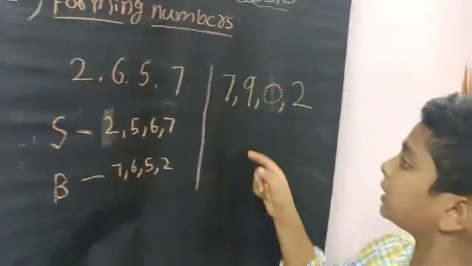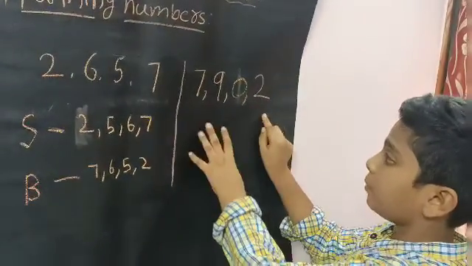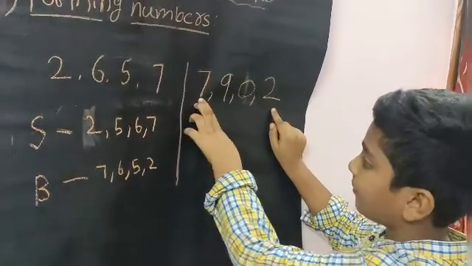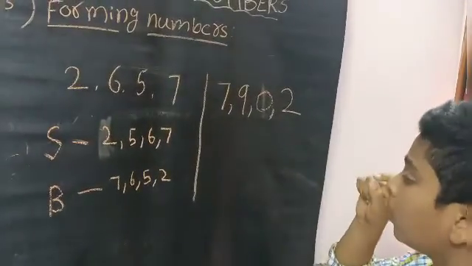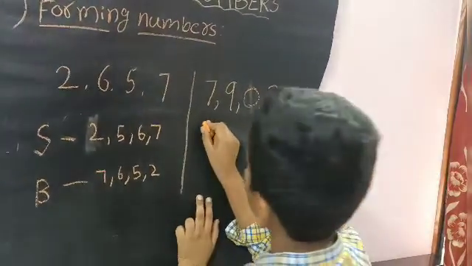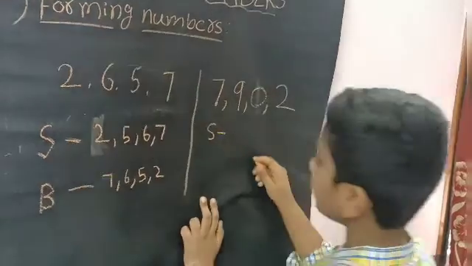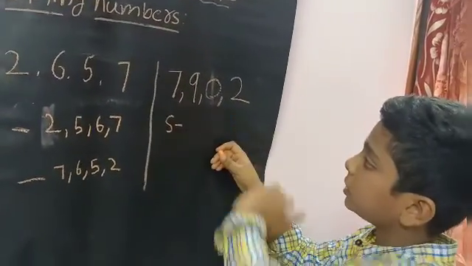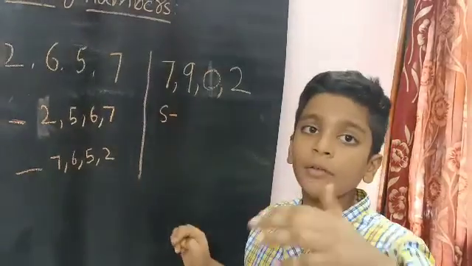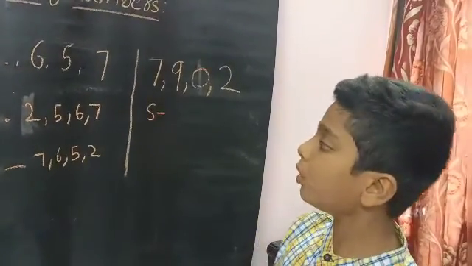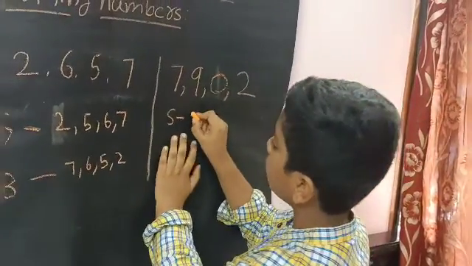Okay. Next example: 2, 7, 9, 0, 2. Now the smallest number using these. Okay. I said you should write in ascending order. We will get the smallest number. So I will write in ascending order.